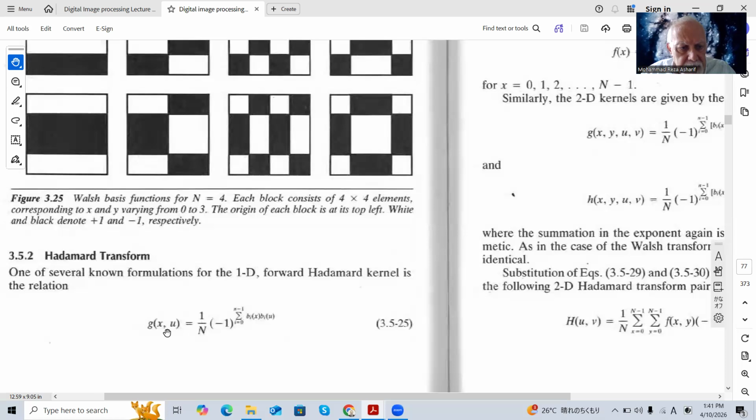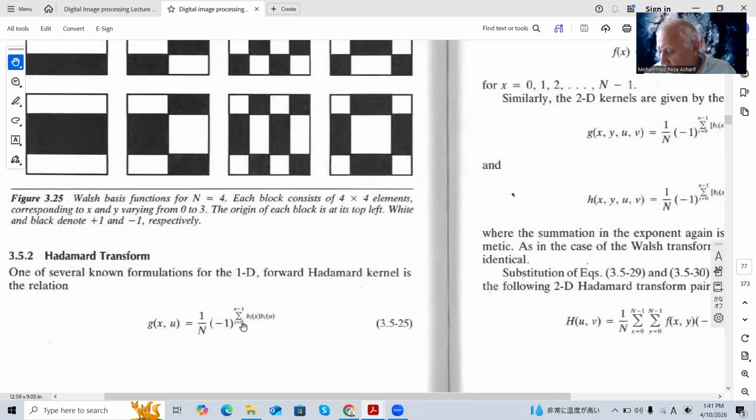The kernel g(x,u) is 1 over n times minus 1 to the power of the summation of b_i(x) b_i(u). So b_i(x) is the ith bit in the binary representation of x. It should be 0 or 1, and then the multiplication and addition here are performed all based on modulo 2.